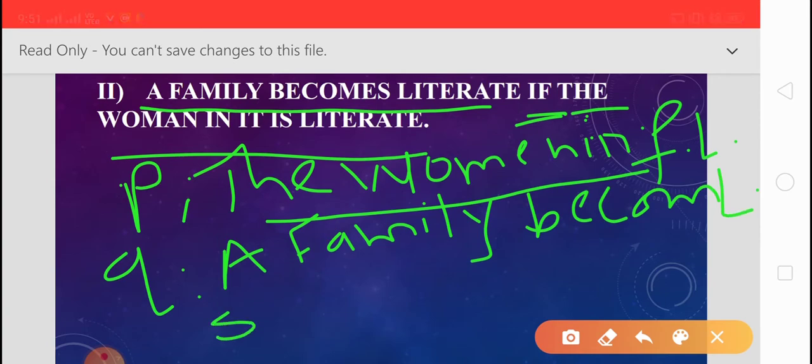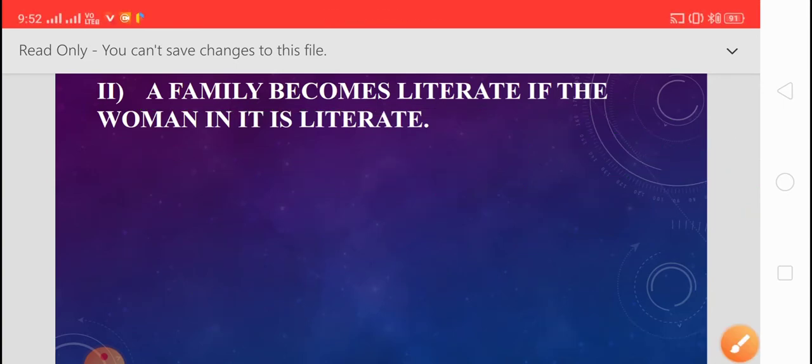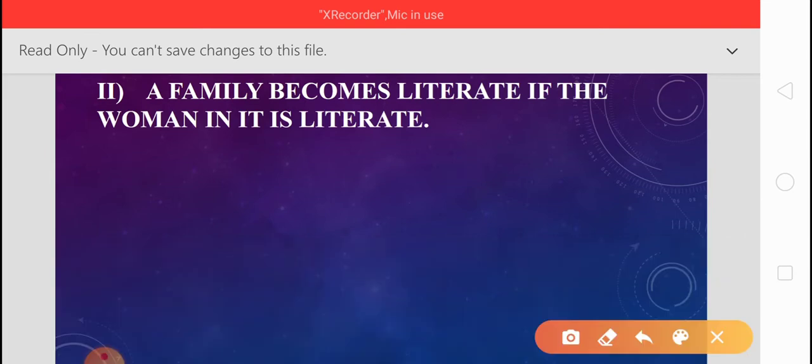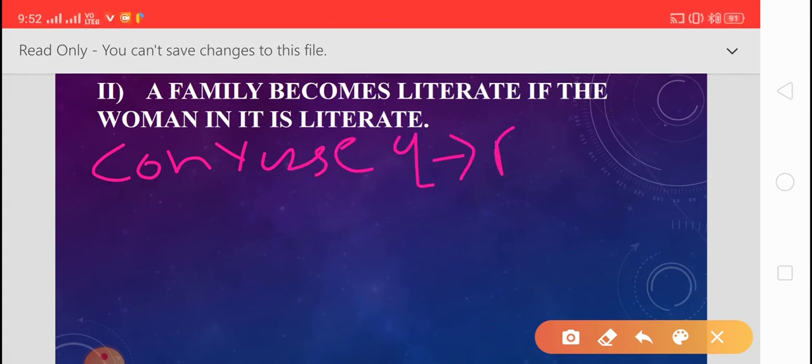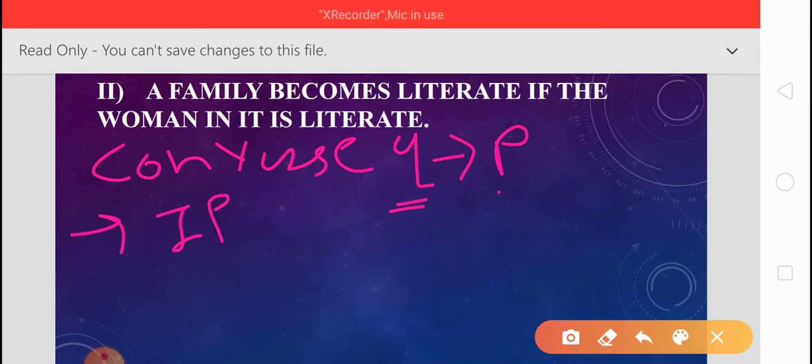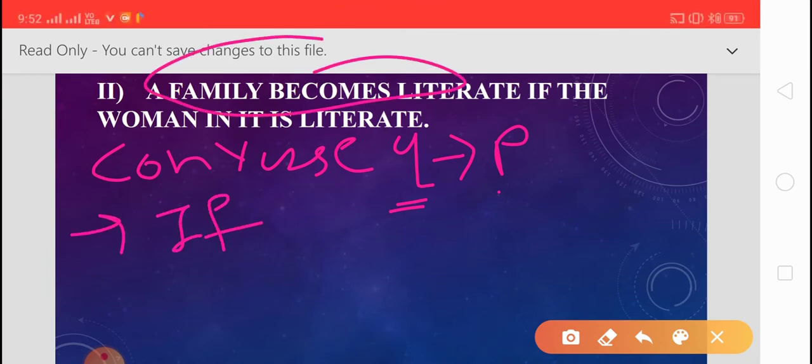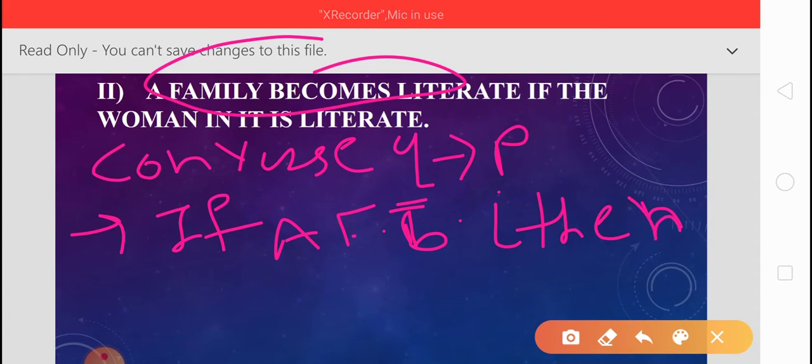Now what is the symbolic form? Yes, P implies Q. Now write the converse, inverse and contrapositive of this statement. So the converse in symbolic form: what is the converse of P implies Q? Yes, Q implies P. It means we must write firstly the Q statement and then the P statement.